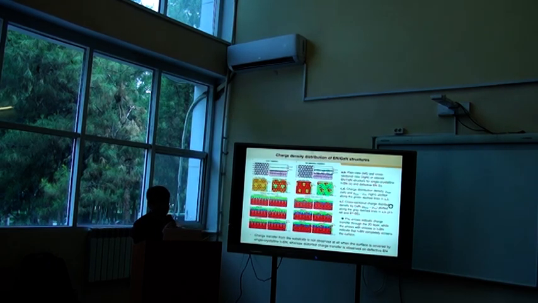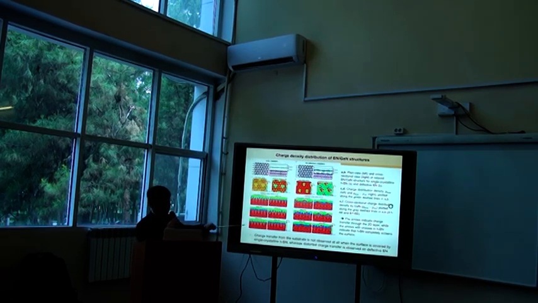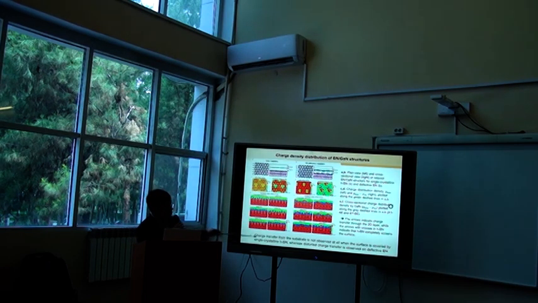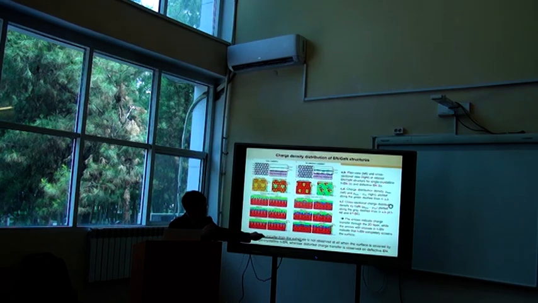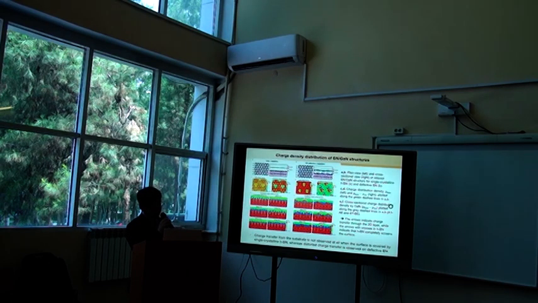Using these cases, we similarly calculated charge density distributions. Here you can find that charge transfer from the substrate is not observed at all on the surface covered by perfect single crystal hBN, and this charge transfer is possible on defective boron nitride.